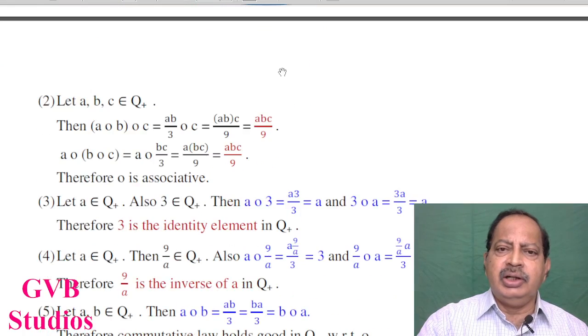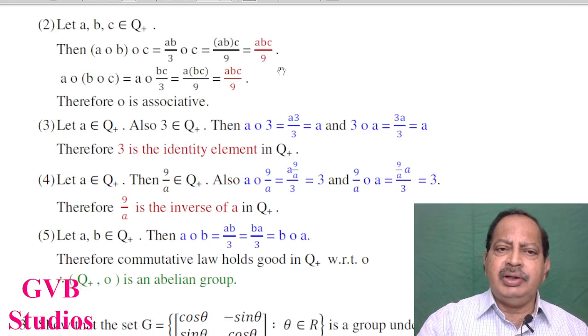Next, we go to the associative law. For this, I will take three elements. Let A, B, C belong to Q plus. First part, bracket A circle B circle C is equal to, I will write, AB by 3 circle C. Next, operating these two elements, we get ABC by 9. Now, I will write this as ABC by 9 because all these are rational numbers and rational numbers are commutative and associative.